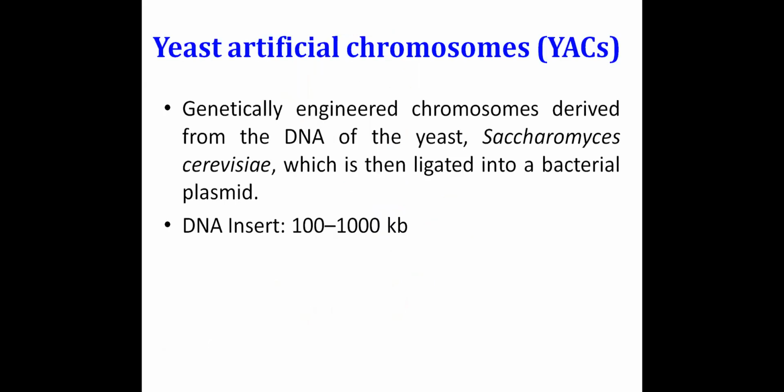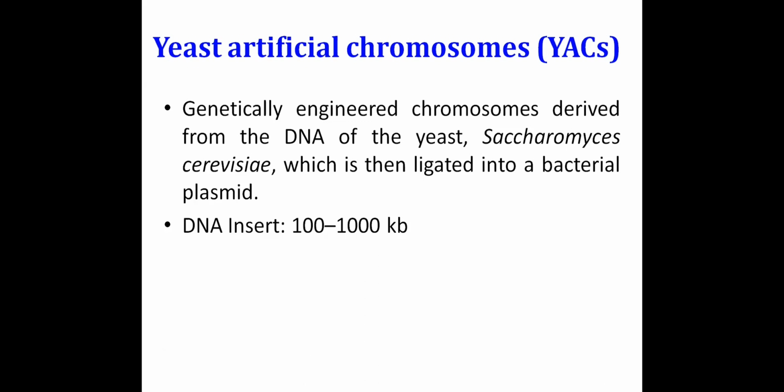Okay. Then another artificial chromosome is the yeast artificial chromosome, which is also known as YAC. It is a genetically engineered chromosome, which is derived from the DNA of yeast, that is Saccharomyces cerevisiae.